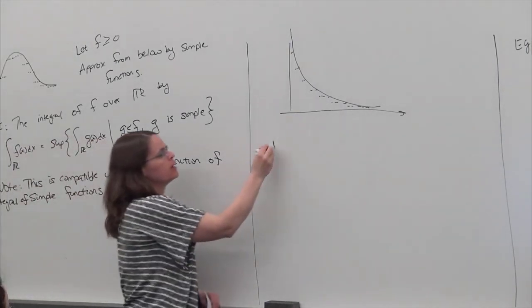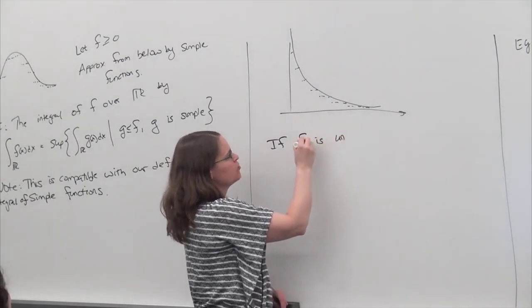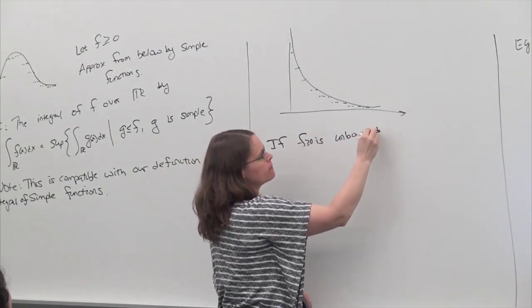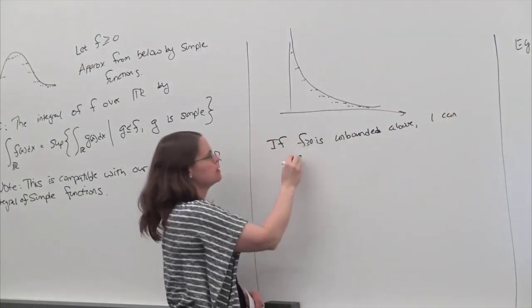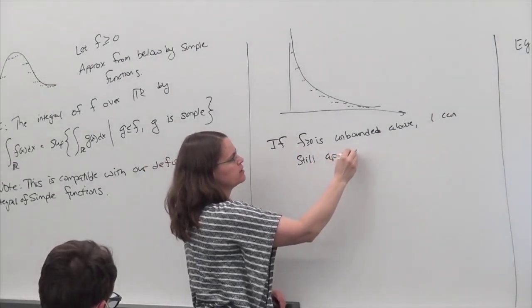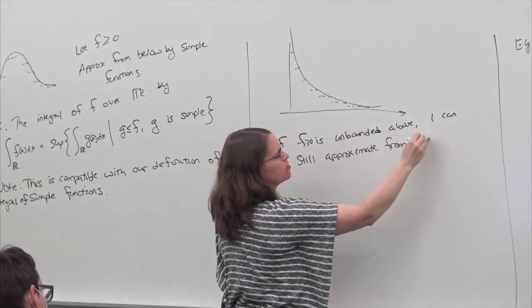Okay, so if f greater than or equal to 0 is unbounded above, I can still easily approximate it from below by simple functions.